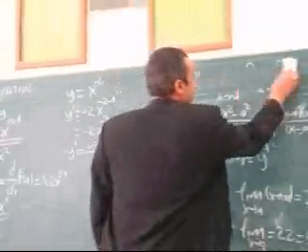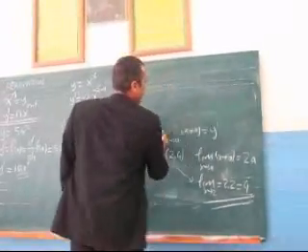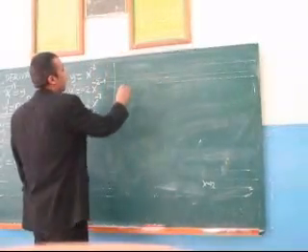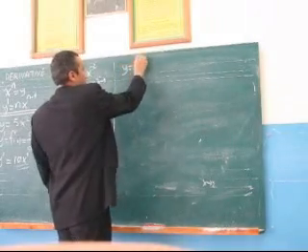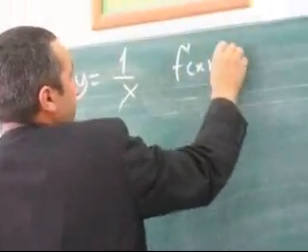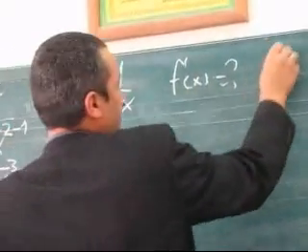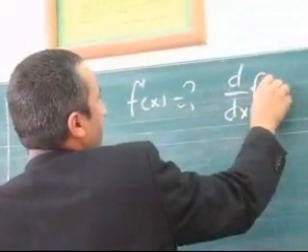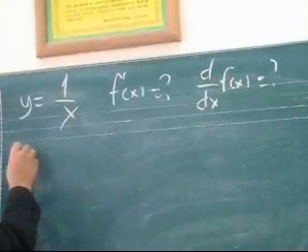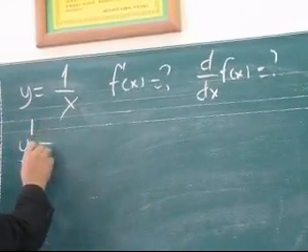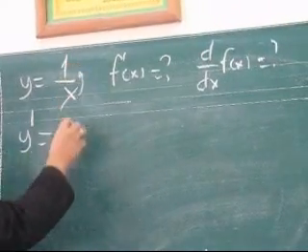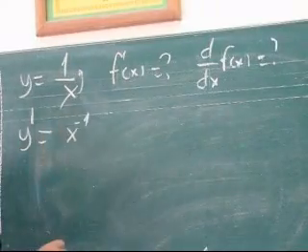Another example: the derivative of 1 over x will be our problem. y is equal to 1 over x. What is the derivative of this function? Also, we can show it d over dx f of x. We can do this: derivative of y is equal to, we can bring x to the upside of the definition, x to the minus 1.